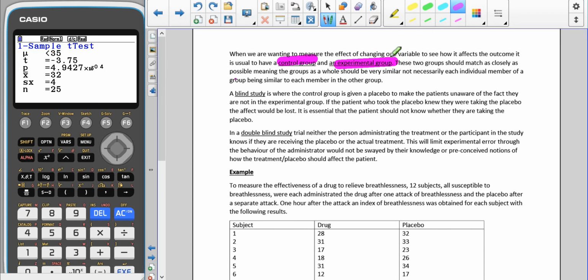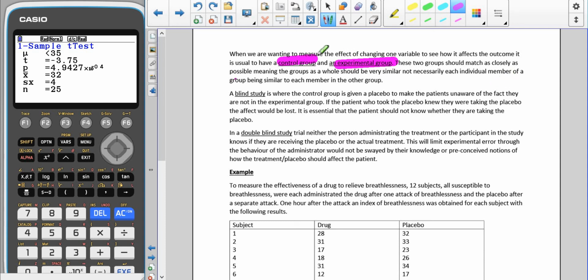And we've talked about these before quite a lot. These two groups should match as closely as possible, meaning that the groups as a whole should be very similar, not necessarily that each subject individually has a pair in the other group, but that the groups altogether are very closely matched.